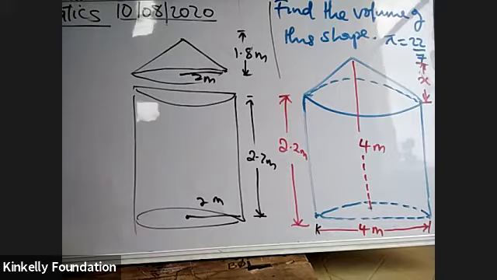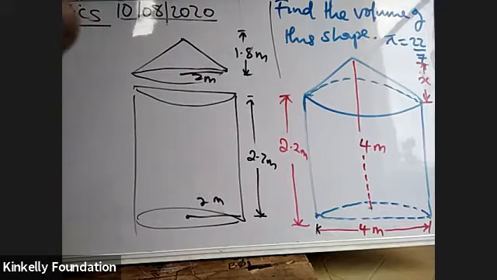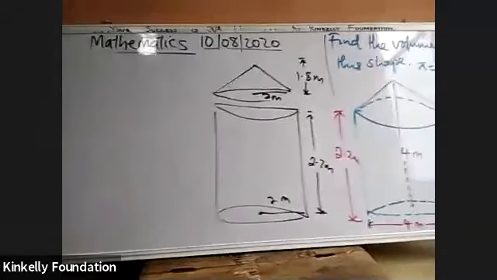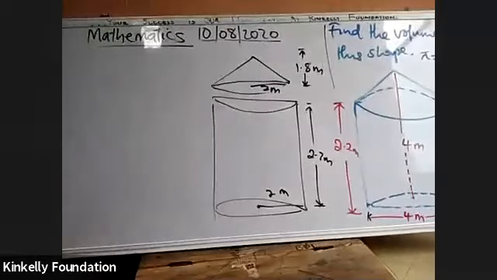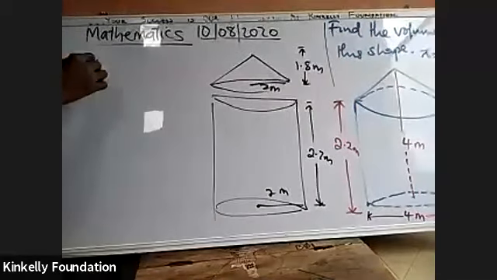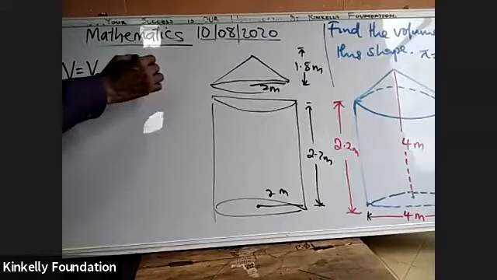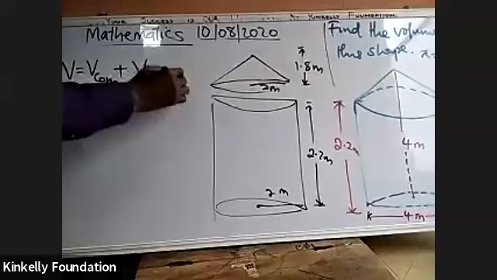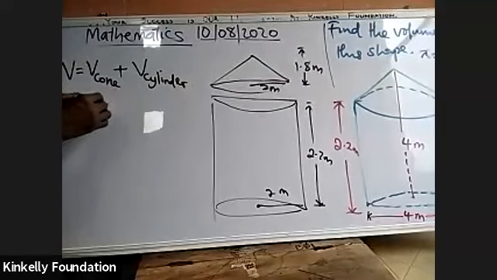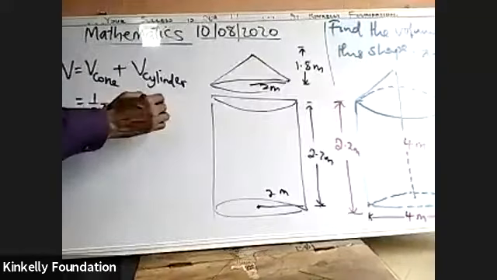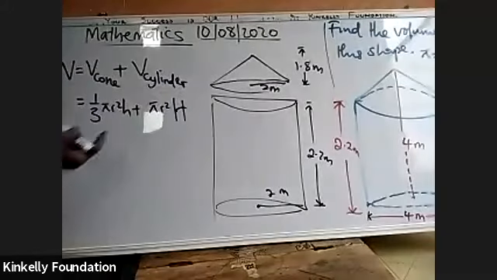Now, we now have that. Given all these parameters, we now solve for this by saying that volume of this shape is volume of what? Cone plus volume of cylinder, which is 1/3 pi r square h plus pi r square h.